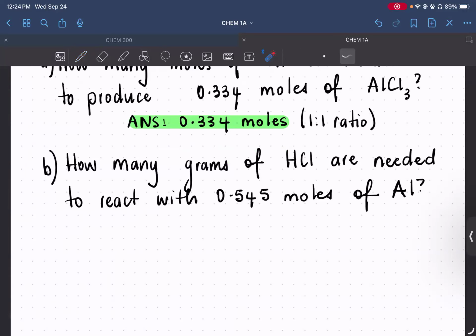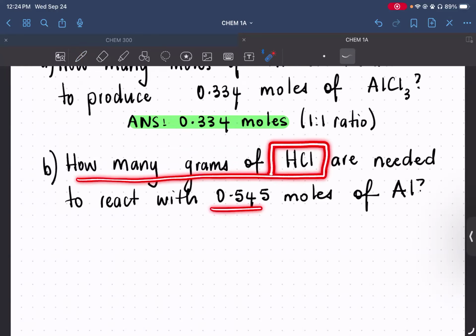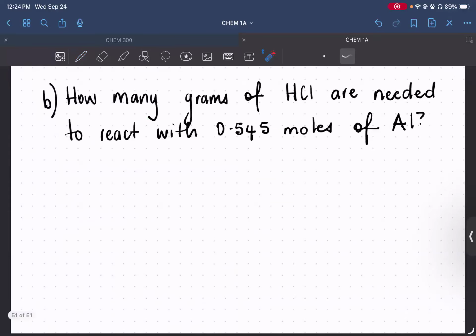All right, listen to what the question is saying. It's asking you one question about one chemical. It's asking you something about HCl. And it's given you information about another chemical. The structure of this question is what tells us we'll be using the roadmap. So we're going to get it at the ready.